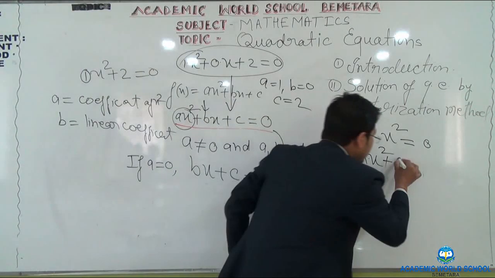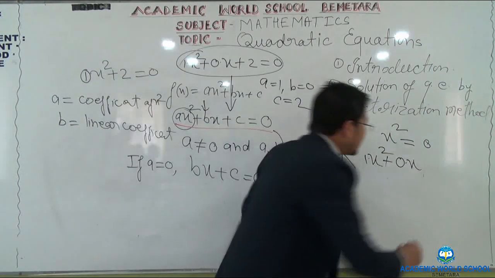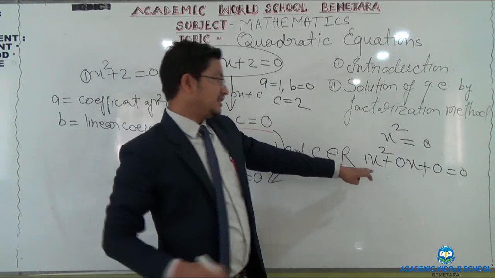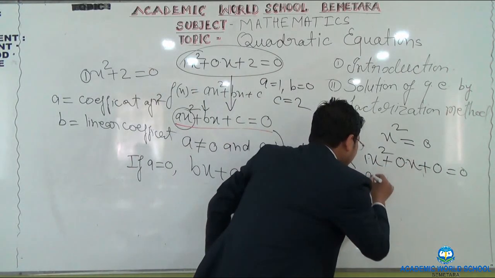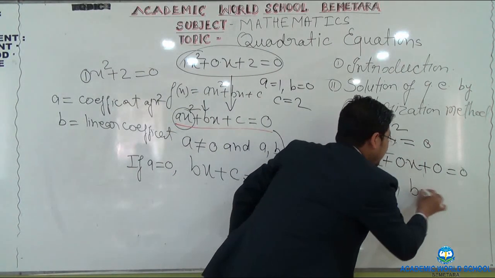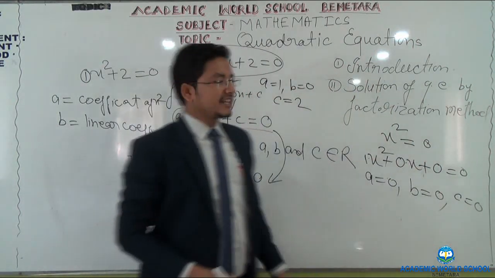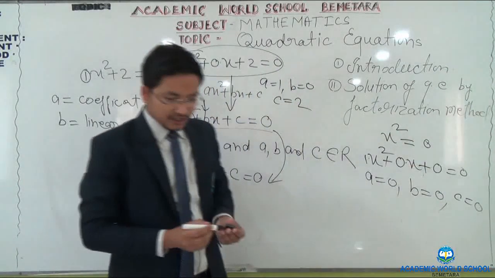So b is what? 0x, and c, the constant term, is also not there. So plus 0 is equal to 0. So yes, this is of course a quadratic equation. So what is a? a is 1, b is 0 and c is 0. So yes, x square is equal to 0 is a quadratic equation.